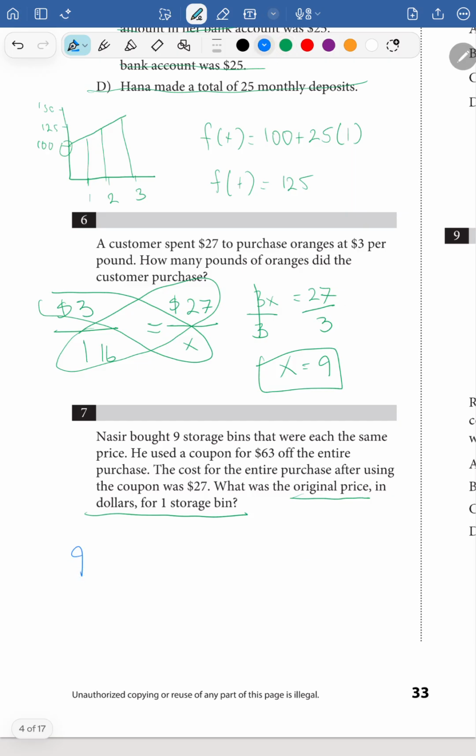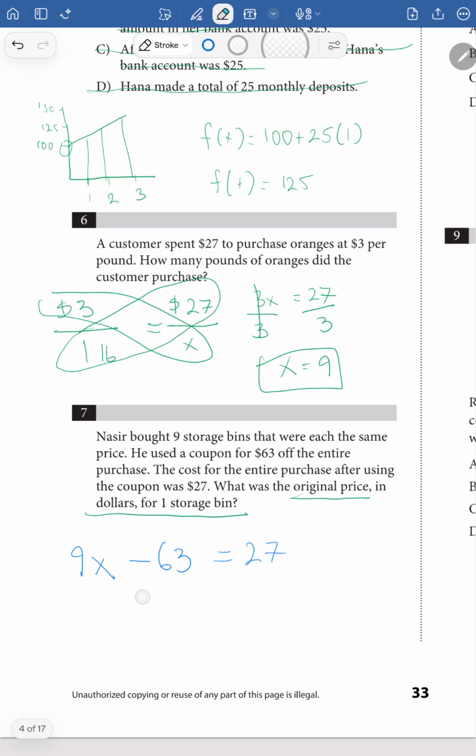And they all cost the same price, yet we don't know the price, so let's label it X. However, he used a coupon for $63 off the entire purchase, so we would subtract $63. And then the cost for the entire purchase after using the coupon was $27. So all of this, the original price of the 9 bins and the discount from the coupon, will get you a total of $27.